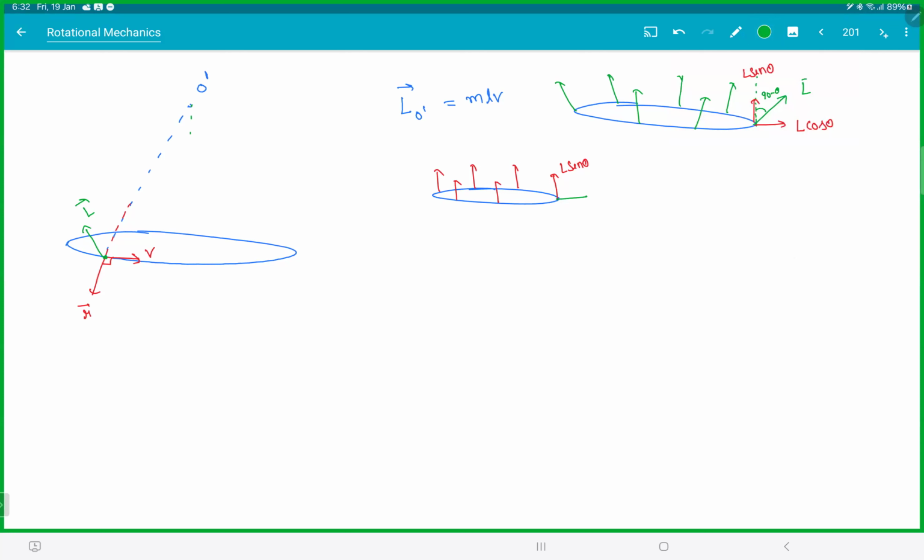And there is one L cos theta component, which is rotating. This is your variable component. Magnitude is constant, but direction is changing. So here, L about O dash, magnitude is constant, but direction changes.